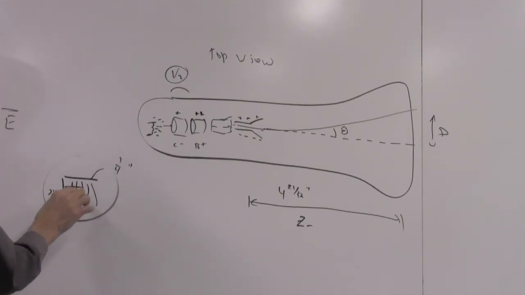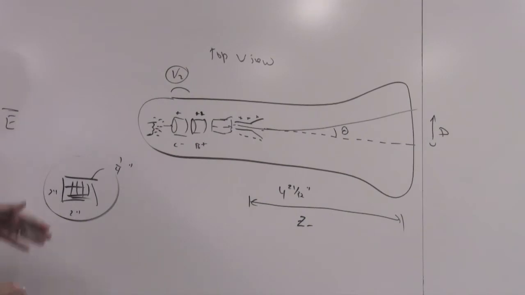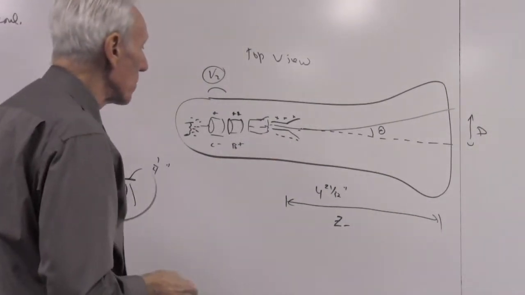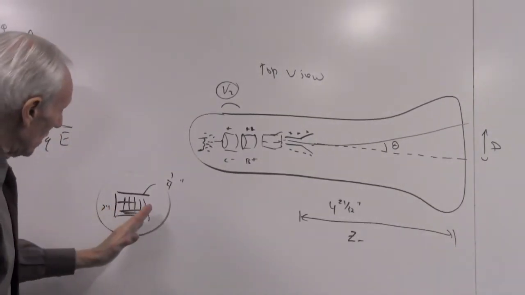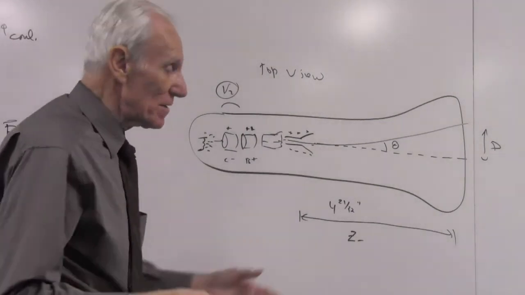So your center is in the middle, so that the electrons can be deflected an inch to the left, an inch to the right, an inch up, an inch down. We're only going to deflect them horizontally with the horizontal deflection plates, so they're going to move from +1 inch to -1 inch.